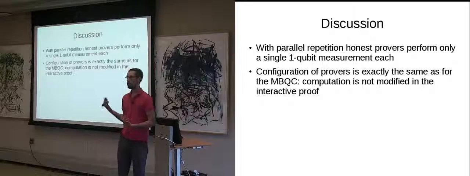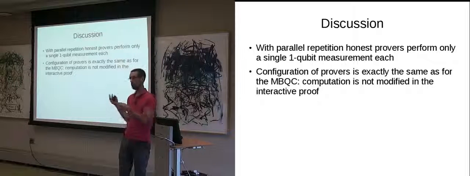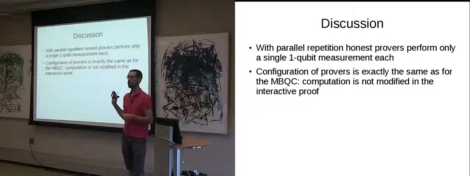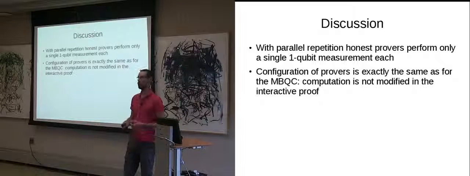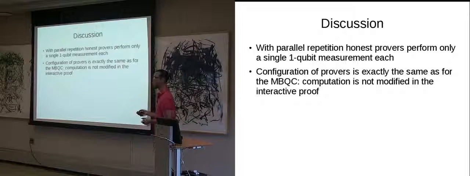Well, you can take that quantum computer and turn it into an interactive proof only by changing the classical control. You don't have to do anything to the quantum part. When you do this, if you decide to calculate, the calculation is exactly the same as what you would do if you trusted them. So there's no change in the calculation that's required. It's just an additional set of things that go on top, as part of the classical control that turns it into an interactive proof.